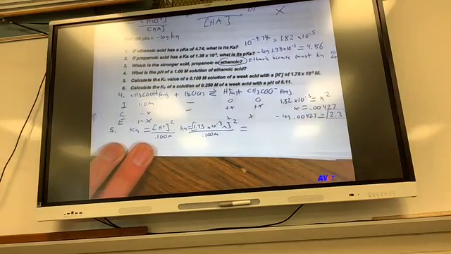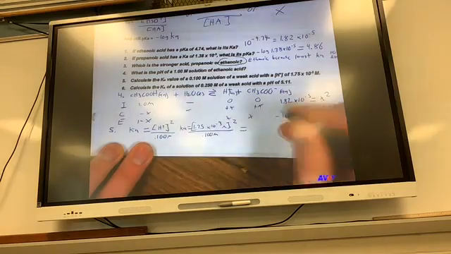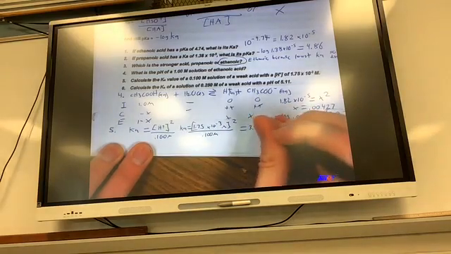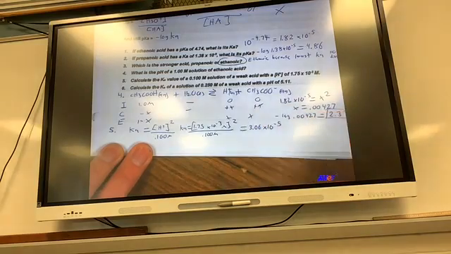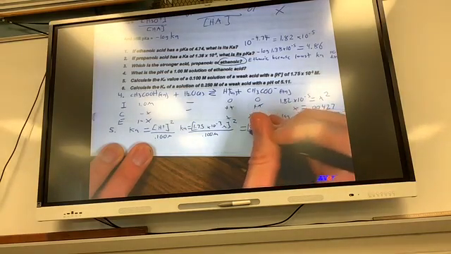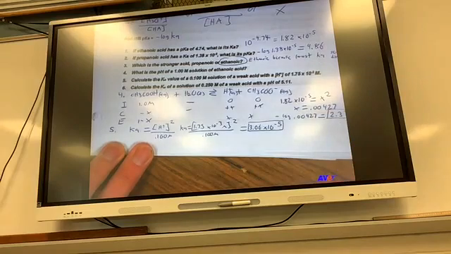What do you get? 3.06 times 10 to the negative fifth. Are you guys okay with why we made that H squared? Because we knew it was going to be X squared, so just H squared.